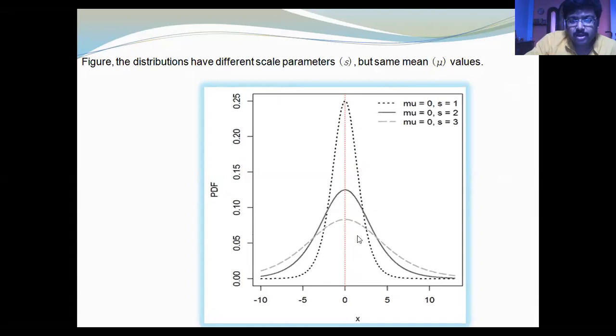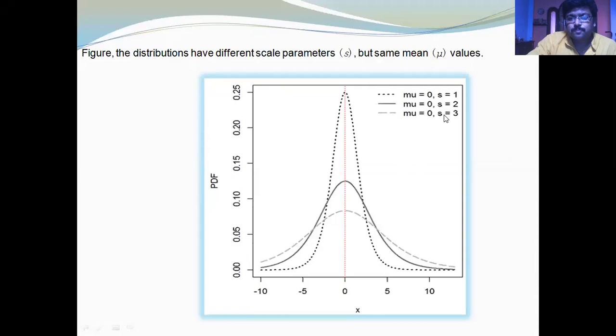Here you can find when the scale parameter is 2, then this solid line is the logistic distribution curve. It is more flat, you can say it is flatter.